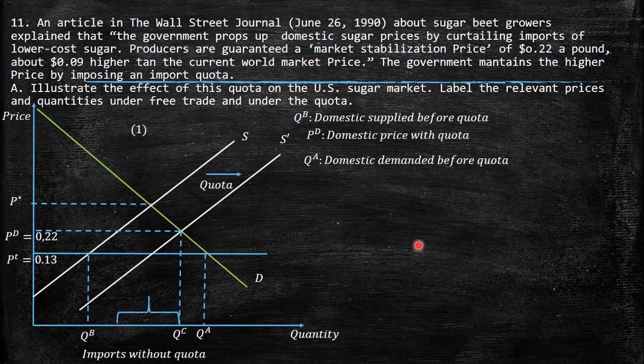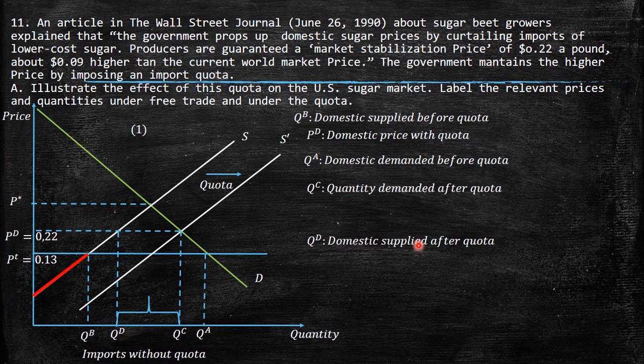So you can represent here the quota as this one. You figure out here, this P star was the price with no trade. Then the normal price would be PT, which is 0.13, which was this one. But given the policy of the government, it increases by 0.09, so it's going to be 0.22.